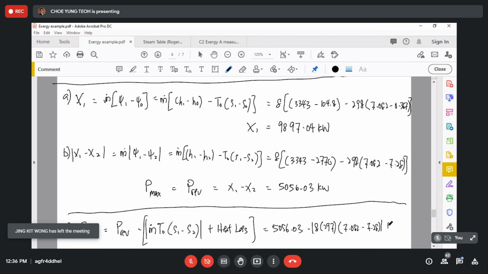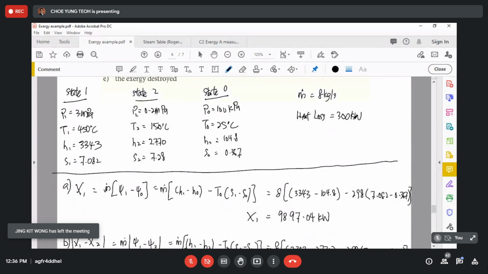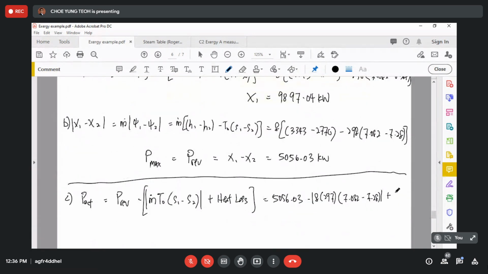plus the heat loss. The heat loss we have is 300 kilowatt from here. Okay. So you will get 4285.58.